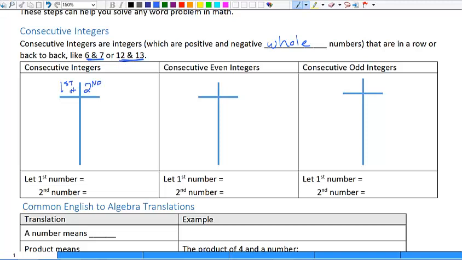So let's list a couple more here. If I have a first number and a second number here, if my first number is, let's say 2, what is the next consecutive integer? Well, a lot of students will be able to say, oh, that's 3. All right, what if I give you 8? What is the next consecutive integer? 9. And one more, how about 15? 16.